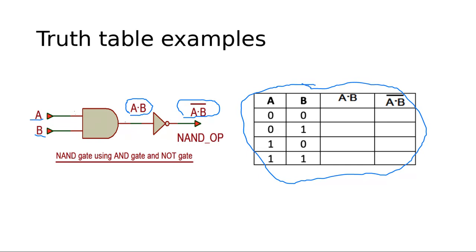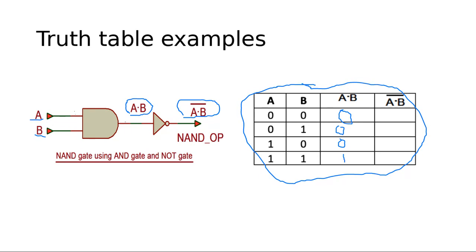Like that. 0 and 0 means 0. 1 and 0 means 0. And there is a 1 variable: both of the inputs are 1, so the result is 1.